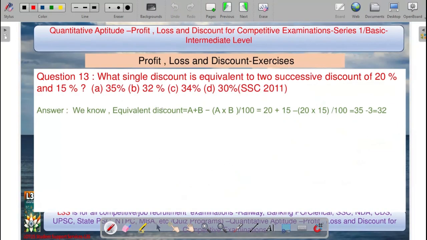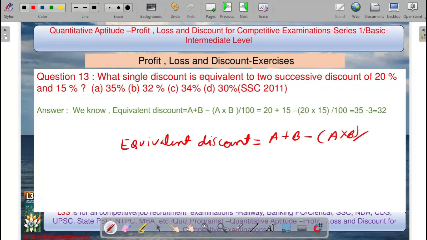Next question. What single discount is equivalent to two successive discounts of 20% and 15%? We know the formula: equivalent discount for two successive discounts will be A plus B minus AB by 100. This is the standard formula.